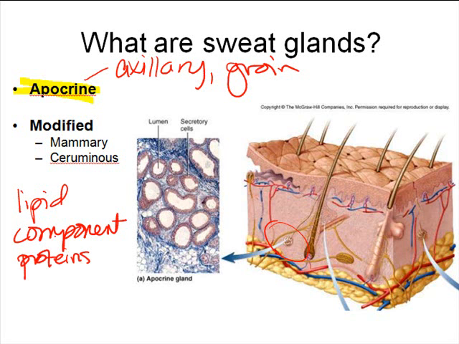Those bacteria absolutely love these lipids that get secreted. They consume the lipids, and then they produce all these metabolic waste products that we perceive as being very smelly. And that is why we get smelly armpits, for example. It's not your fault. It's the fault of the bacteria that are breaking down the fatty acids, and that's what's ultimately causing that odor.